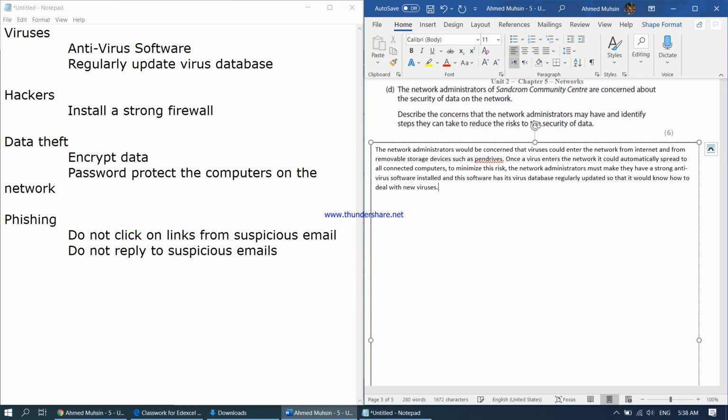Okay, so this is our first point. We're talking about viruses. We spoke about the concern, and then we also spoke about what they can do to minimize it. Then we can also go on to speak about hackers.